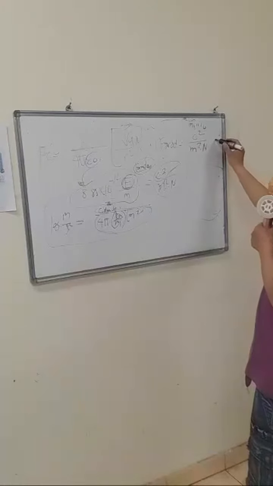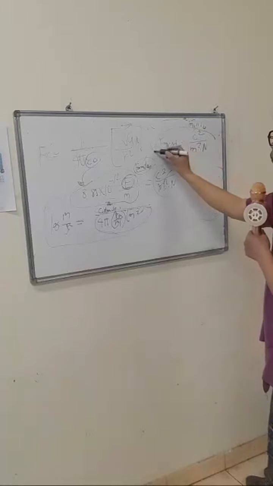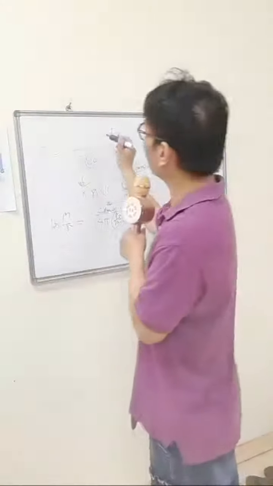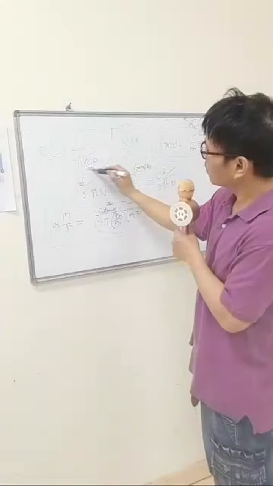So this is the reverse of the unit of your electric charge constant, because here the permittivity constant is the denominator.